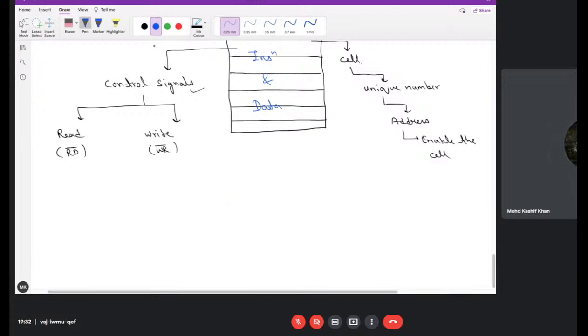So now we will talk about how the CPU generates the memory request. It will give an address and also a control signal.